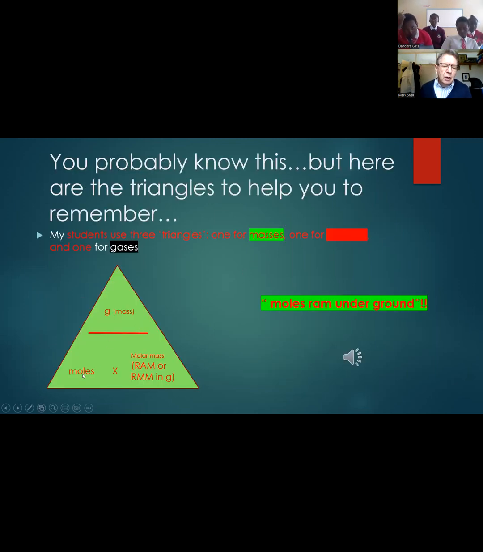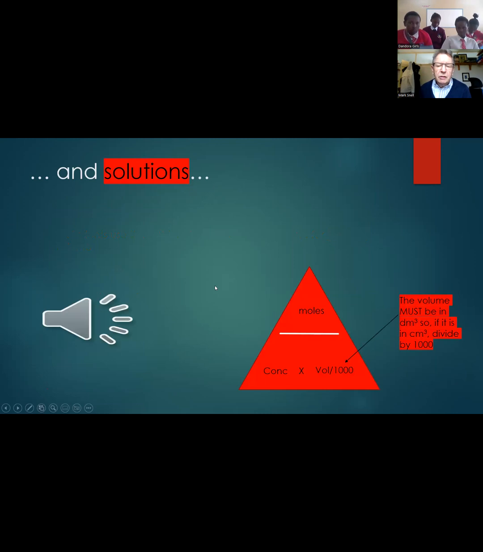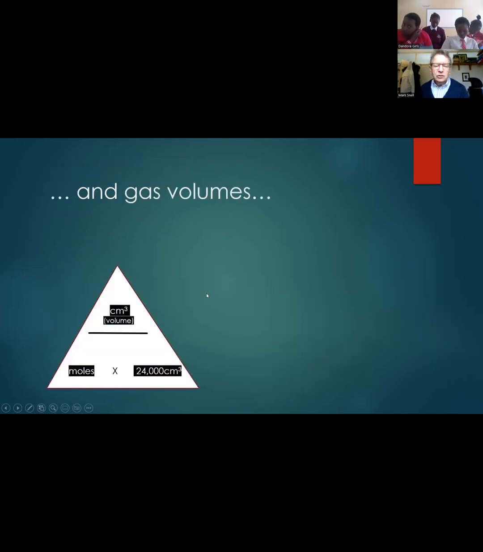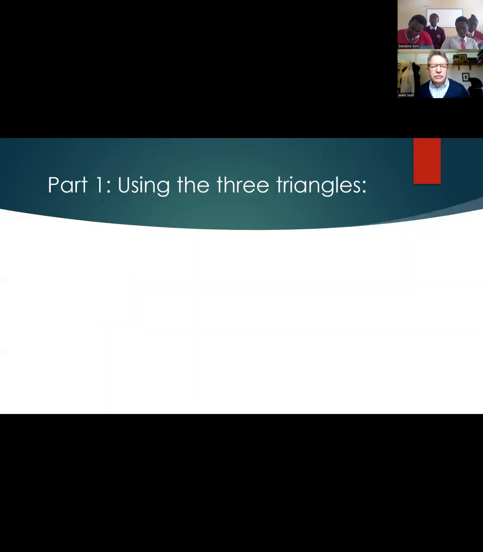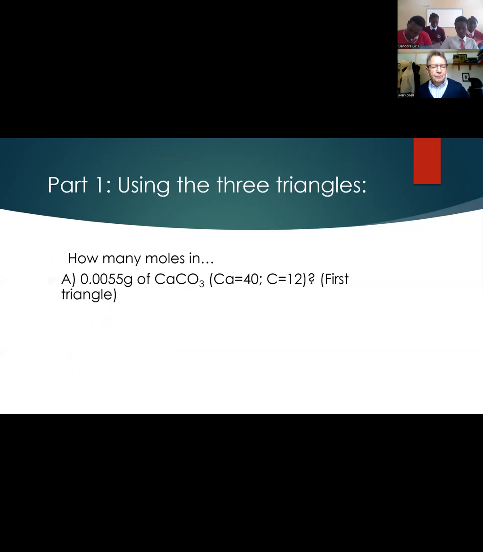This first one, moles, grams, RAM, RMM, RFM, doesn't matter. Then there's the solutions one, moles here, concentration times volume over 1,000. And the last one is the gases one, where it's moles at the bottom, cubic centimeters at the top, and so on. So here we have some questions, and you will have to use each one of those three triangles.